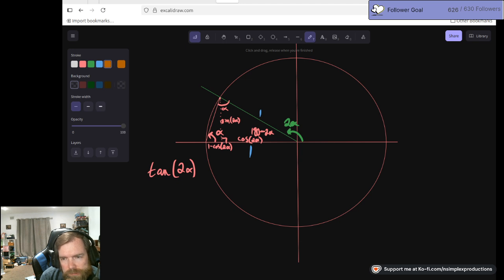How would we then scale that? Okay. So our radius here is going to be the distance there. Oh, but it's tangents anyway, so like, who cares?